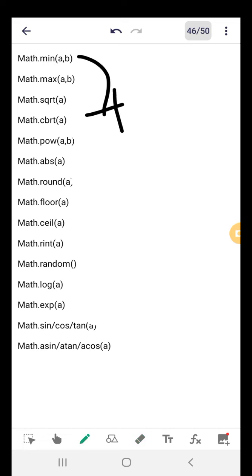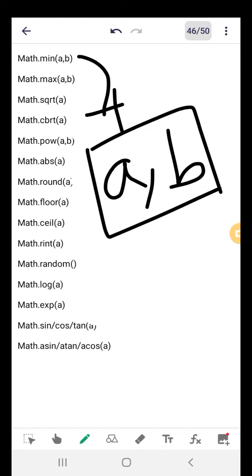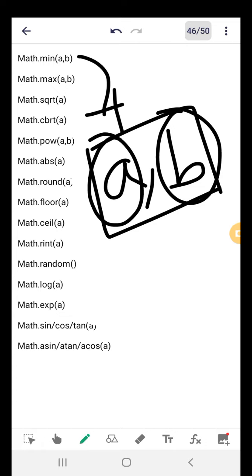So Math.min(a, b). With the name only you can understand. These two parameters, or arguments, whatever you call them, a and b, are present. It will check which one is smaller and return the min value, that means the smaller one.